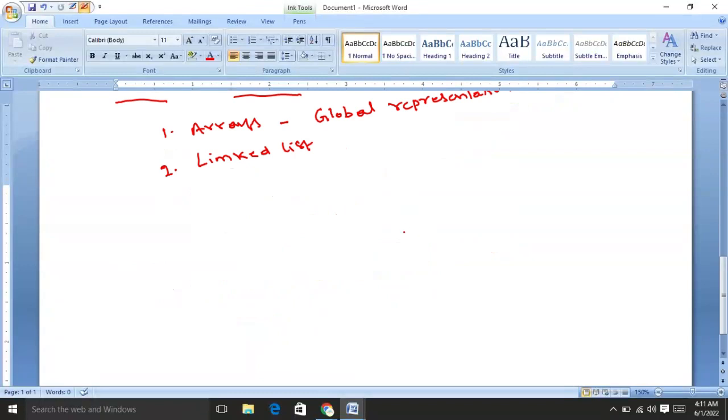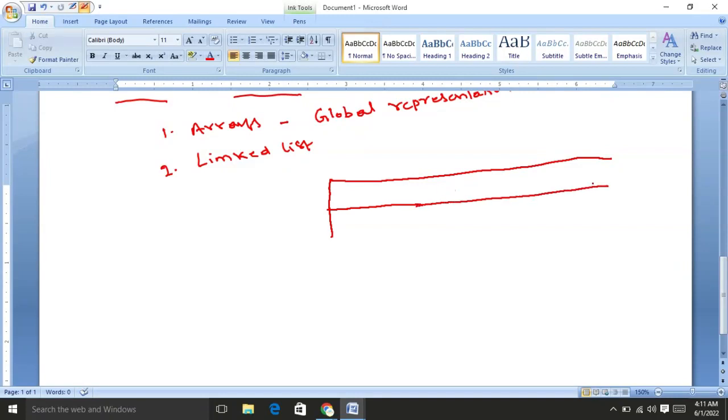To represent the polynomials, the structure of the array is like that. We know that an array is a linear data structure where the elements are stored in consecutive memory locations. So here I am going to consider the array like that.